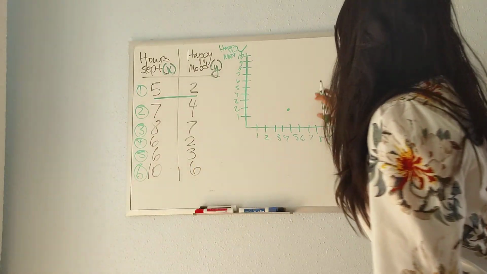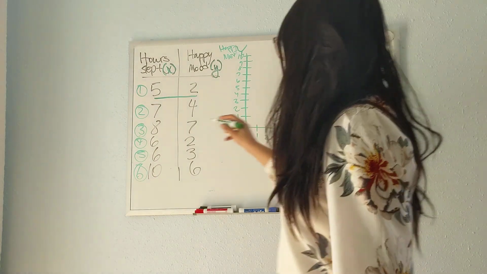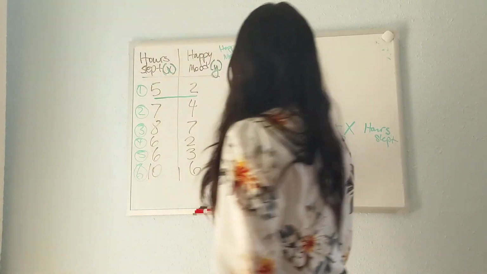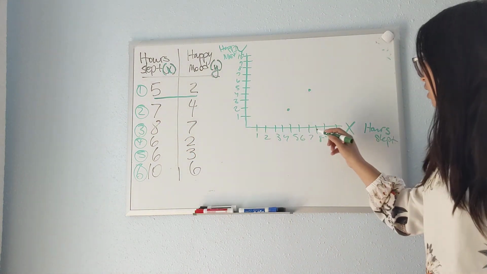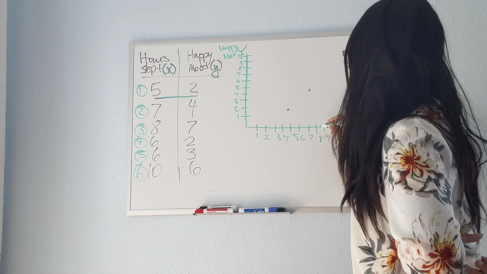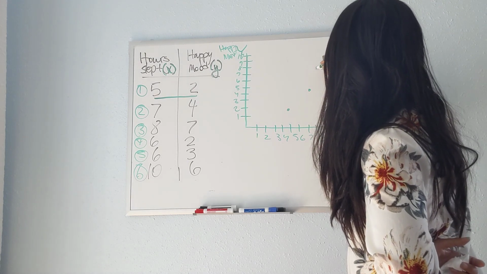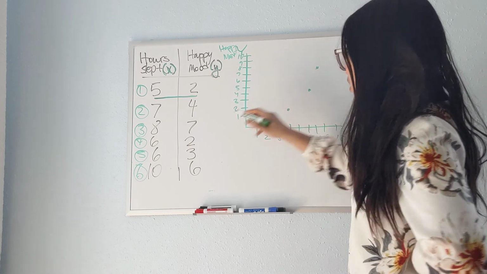It's usually better to use a ruler. And then the third participant has 8 across the x, and the y is 7. Does that look right?